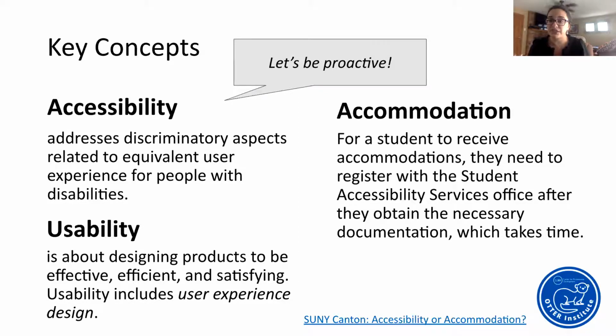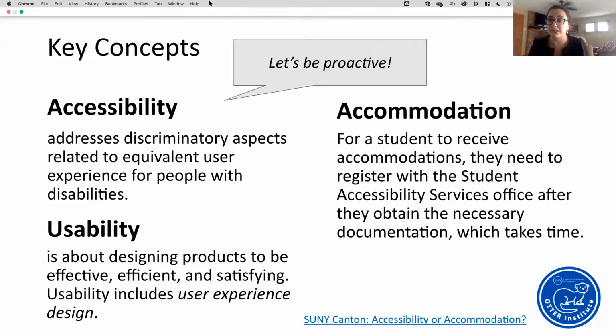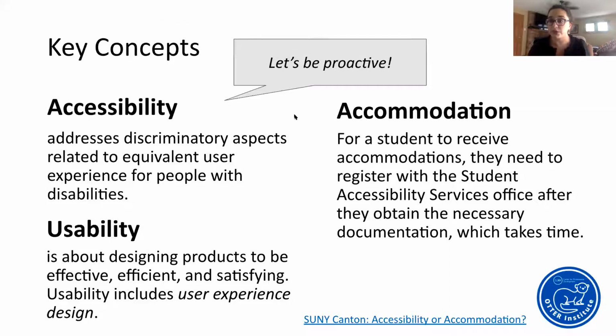At least for traditional age college students, they're beginning to develop, and so they may have a disability that they just didn't realize until later in life. That's why it's so important for accessible environments to be created proactively to support those who would benefit from accessible design and may also require accommodations.